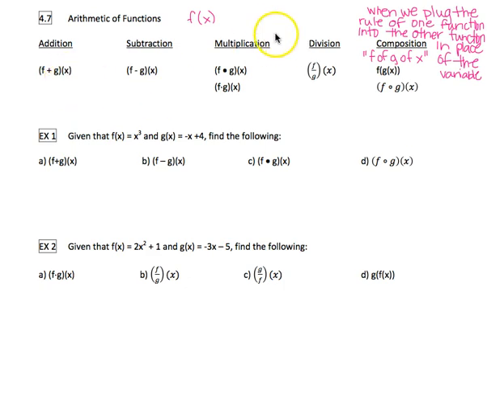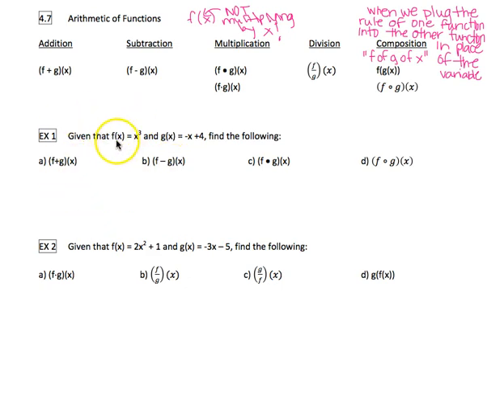This is not multiplication. So we are not multiplying by x at the end. So don't make that mistake. This is just the notation. If you see this, all you're doing is adding the 2 functions.